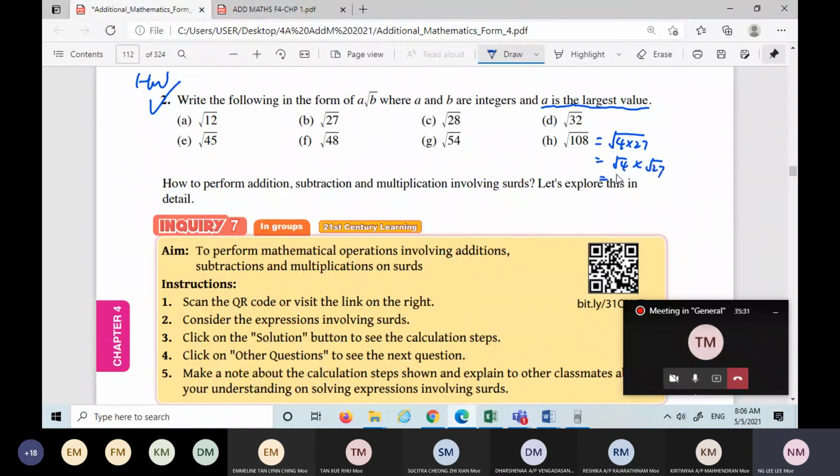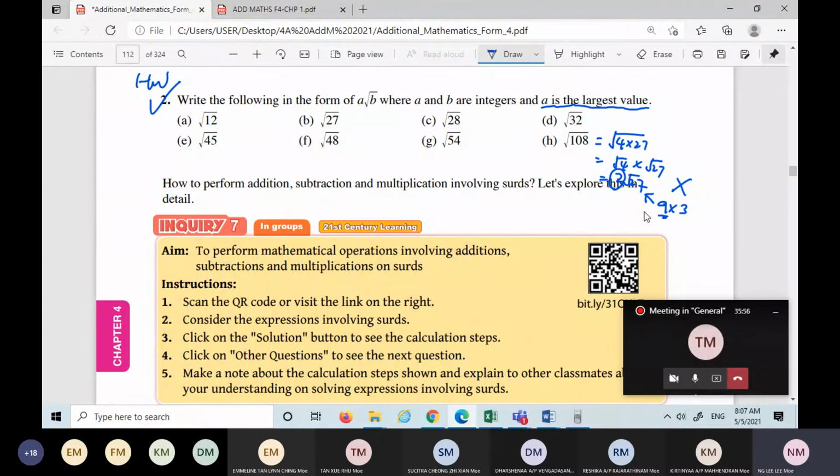Square root of 4 is 2, so I write my answer as 2 square root of 27. But this is not the answer they want. Why? Because the 27, you still can write it as 9 times 3. 9 is a perfect square. So the a here, the 2, is not the largest yet.